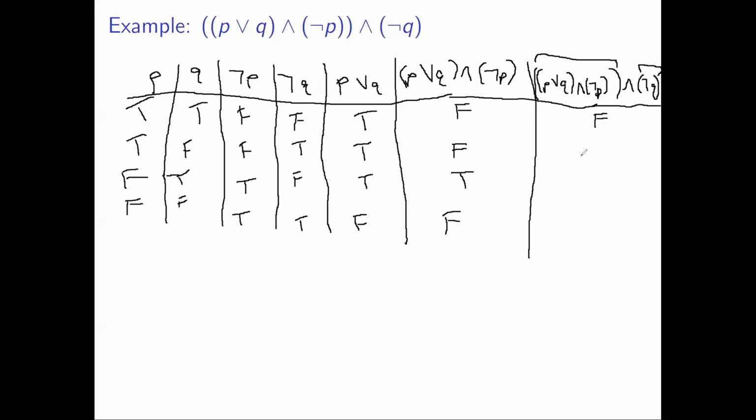Second row, the left conjunct is false, the right conjunct is true, the conjunction's false because both conjuncts would have to be true for the conjunction to be true.